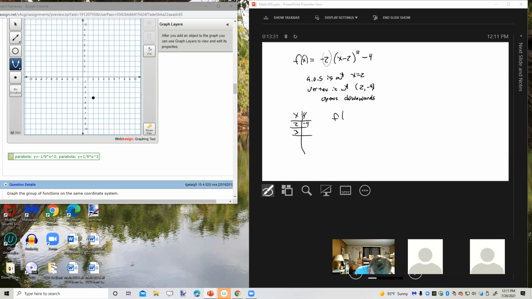So f of 3 is going to be -2 times 3 minus 2 squared minus 4, which is -2 times 1 squared minus 4, -2 times 1 minus 4, -2 minus 4, -6. So my second point is 3, negative 6.